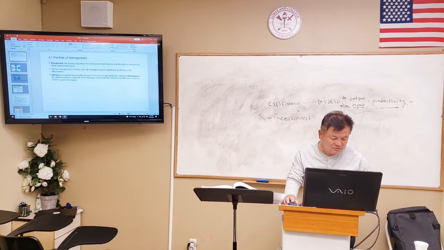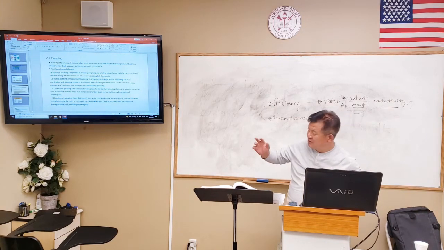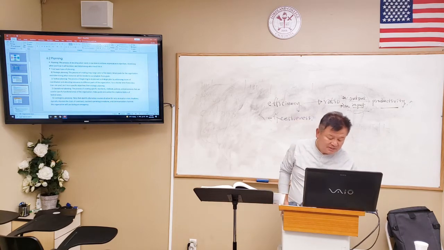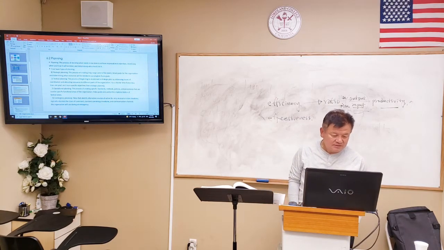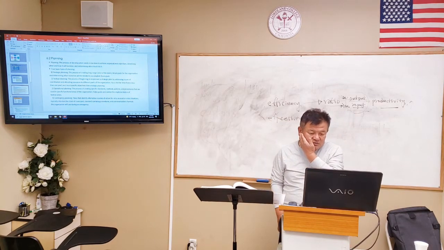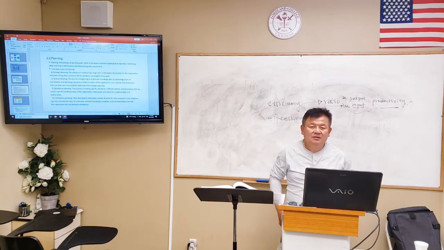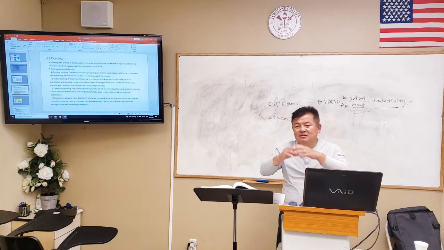Okay, let's move on. Chapter 6.2, business management concepts one by one. First, planning. Planning means the process of deciding what needs to be done to achieve organizational objectives. Also, identifying when and how it will be done, time and method.